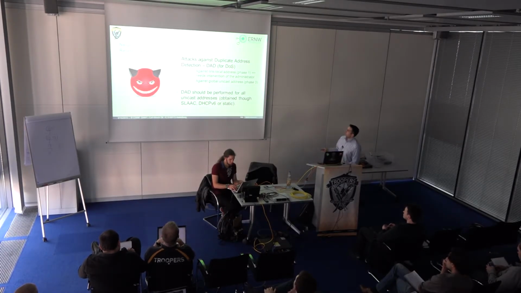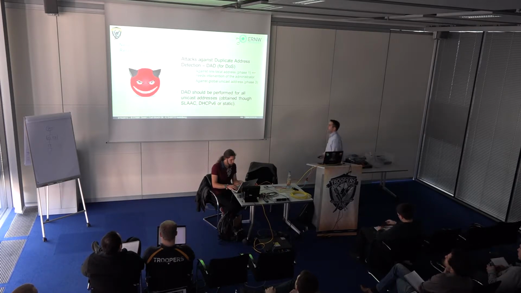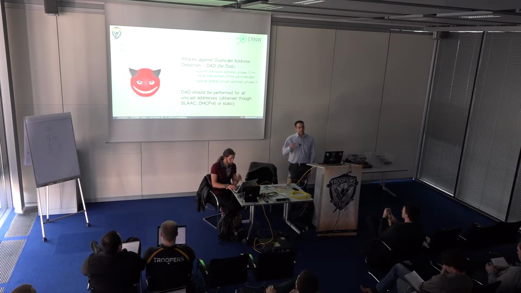As we have seen, there are attacks against duplicate address detection for the denial of service condition, for the link local addresses and for the global unicast addresses, and duplicate address detection has to be performed for all unicast addresses, be it configured over the stateless address configuration mechanism where the prefix is inserted in the router advertisements, be it when the address is assigned over DHCPv6, or of course when you configure it statically.